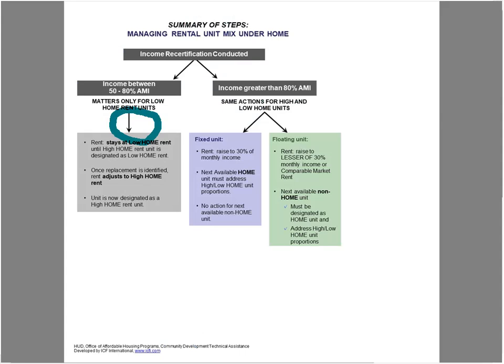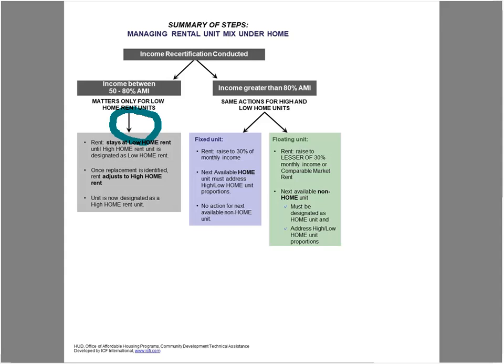So if all of my units are HOME, they're all low, I have a household whose income goes to 65% area median income, I don't have a way to replace that unit by finding a high HOME unit with an income eligible client. I don't have a way to switch to another unit in that property. And so we're simply going to have what we would call temporary noncompliance.